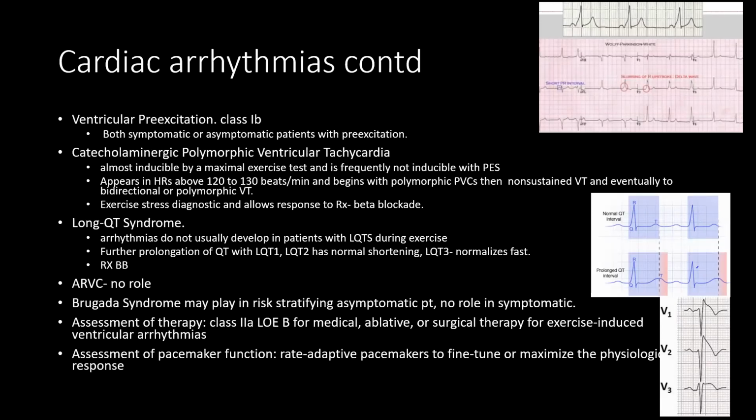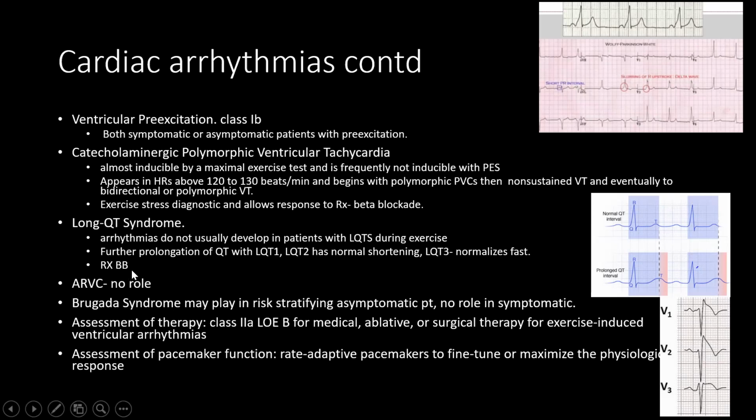In cases of long QT syndrome, arrhythmias do not usually develop during exercise. However, further prolongation of QT in those with long QT type 1 may be seen. Long QT type 2 has normal shortening. Long QT 3 normalizes the QT interval.